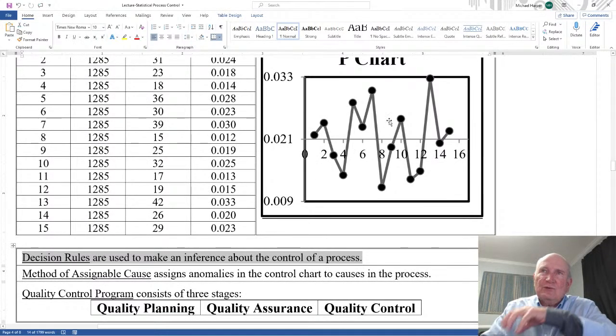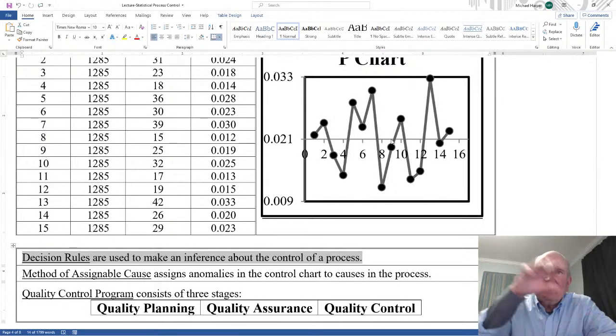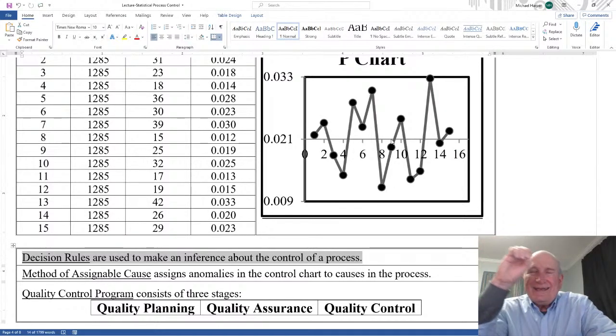These decision rules are established to make a decision about the chart to say, boom, there's an anomaly, and it's used to infer about the process. It doesn't necessarily say the process is in control or out of control. It's that this chart has a decision rule that indicates the process could be out of control.